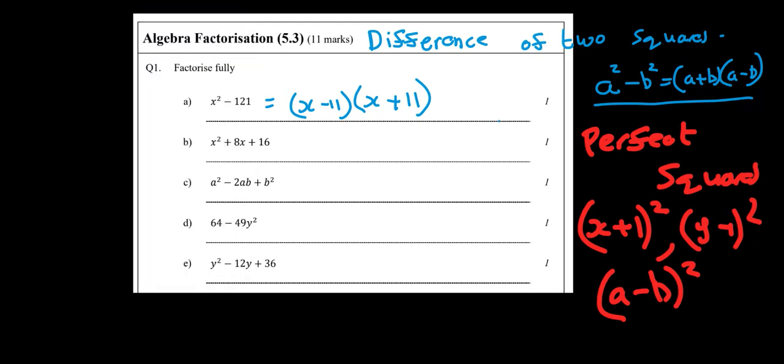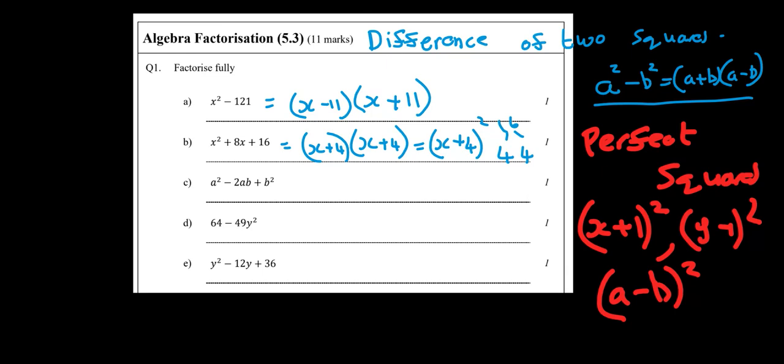So look at factors of 16: 4 and 4, x plus 4, x plus 4. Lo and behold, we can write x plus 4 squared, a perfect square.